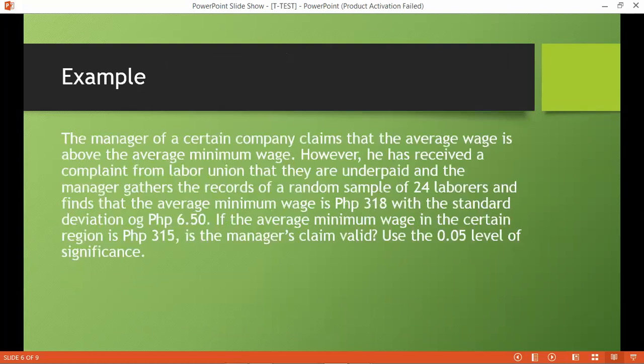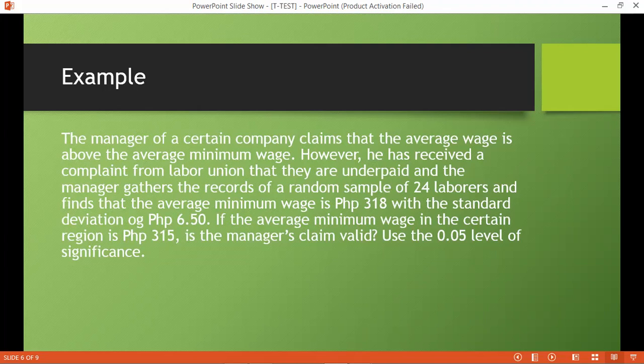The manager of a certain company claims that the average wage is above the average minimum wage. However, he has received a complaint from a labor union that they are underpaid, and the manager gathers the records of a random sample of 24 laborers and finds the average minimum wage of 318 pesos with the standard deviation of 6.50 pesos.